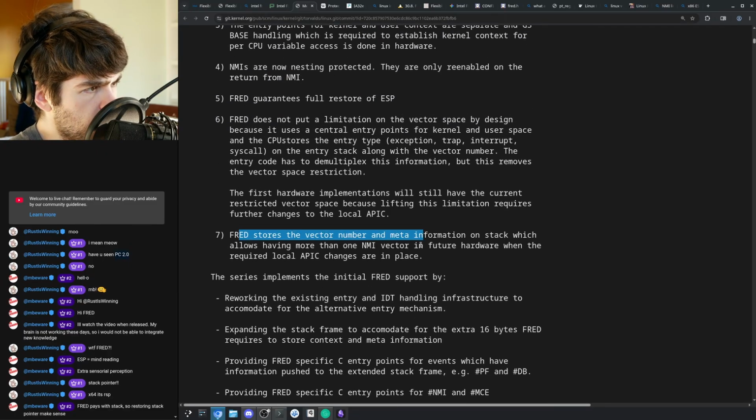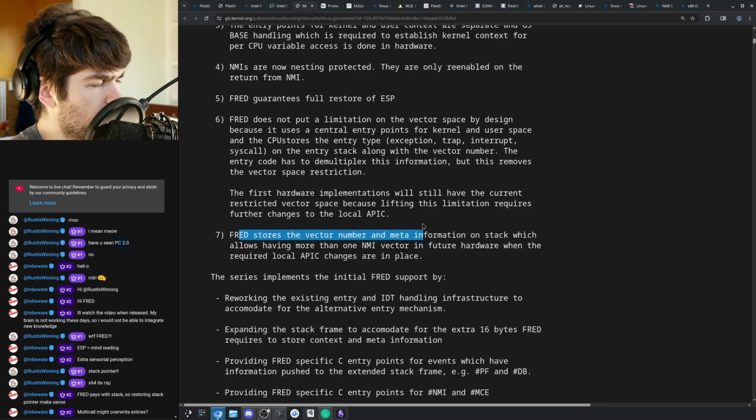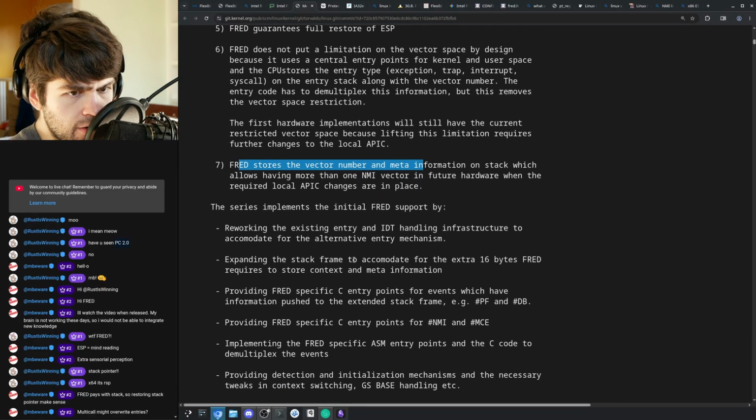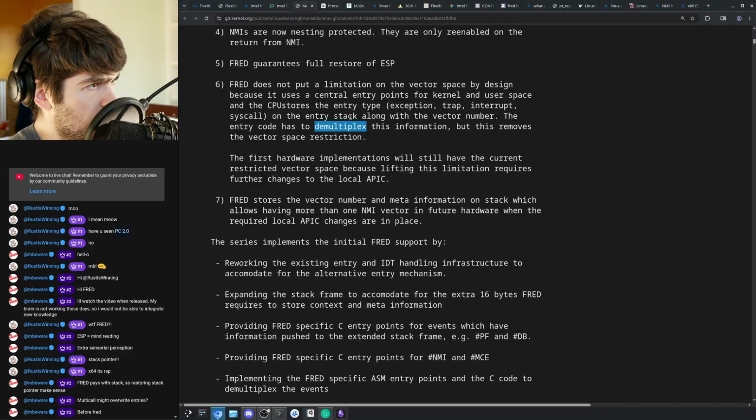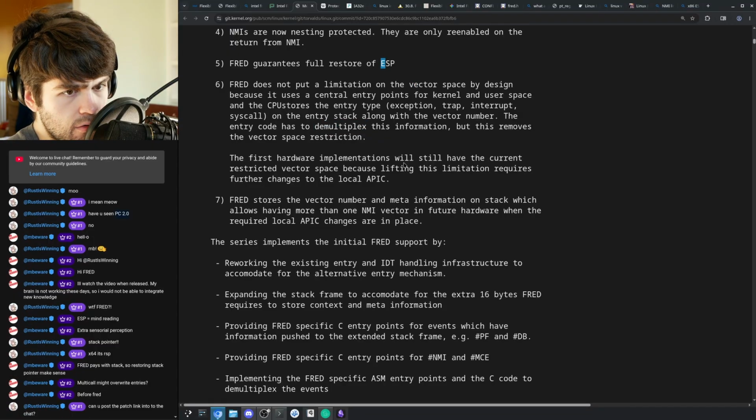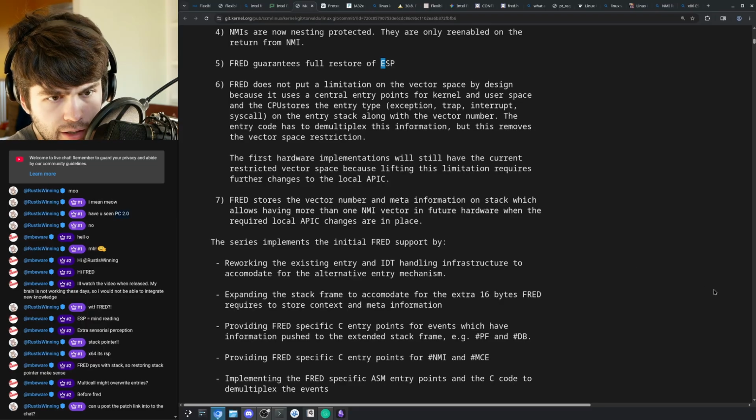FRED stores the vector number and the meta information on the stack, which allows having more than one NMI vector in future hardware when the required local APIC changes are in place. Call might overwrite entries. I don't know. Oh, maybe because of the vector space thing? I don't know. Can you watch, Pastor?